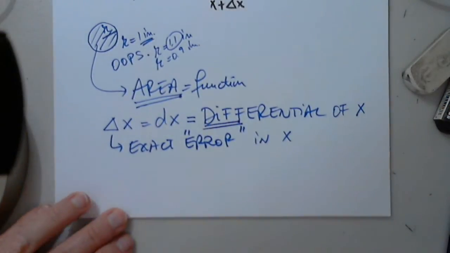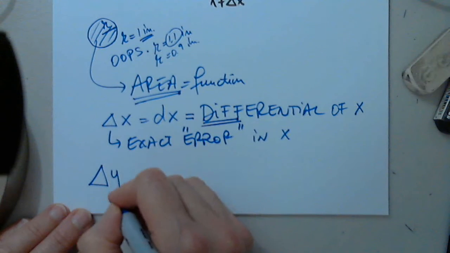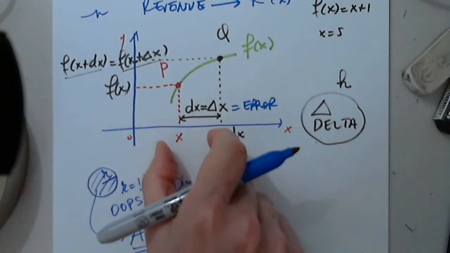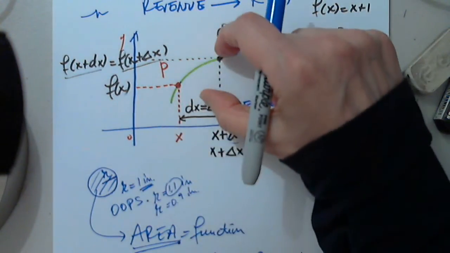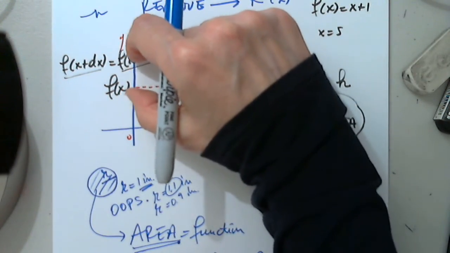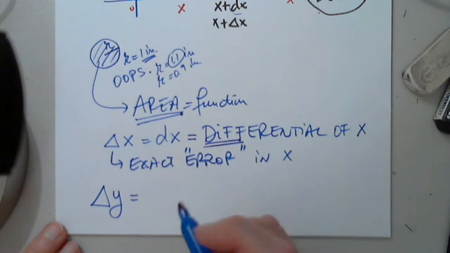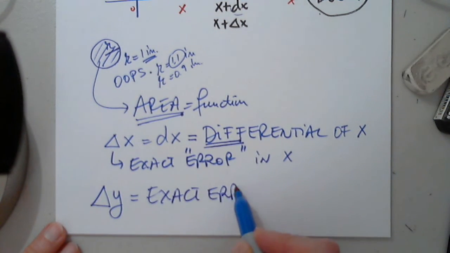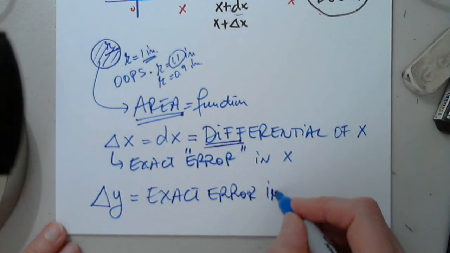So, what do you think delta y will represent? What will be the meaning of delta y? And then we'll write it. So this is delta x that triggers delta y. This is my delta y. This will be the exact error in the function.